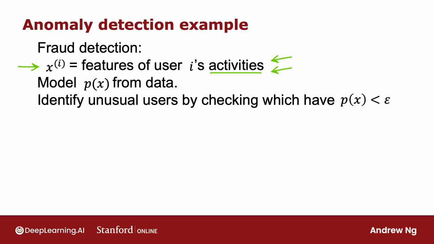But algorithms like this are routinely used today to try to find unusual or slightly suspicious activity so they can more carefully screen those accounts to make sure there isn't something fraudulent. And this type of fraud detection is used both to find fake accounts, and this type of algorithm is also used frequently to identify financial fraud, such as if there's a very unusual pattern of purchases, then that may be something well worth a security team taking a more careful look at.